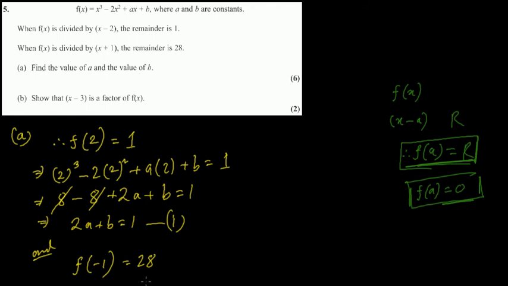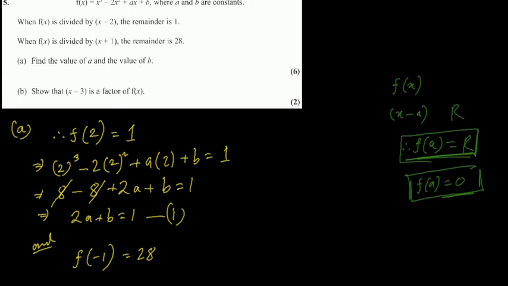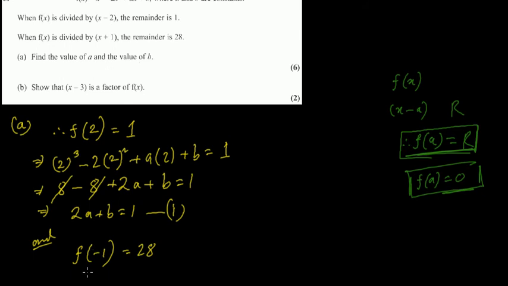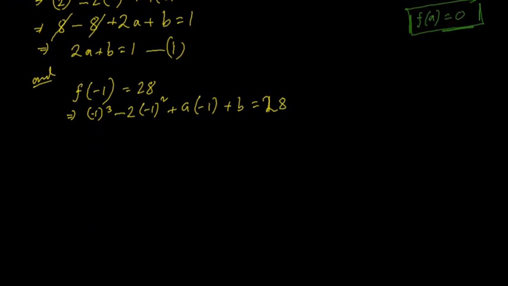It would be minus 1 cubed minus 2 times minus 1 squared plus a times minus 1 plus b, equals, no, the remainder is 28, equals 28. So minus 1 cubed is minus 1, minus 1 squared is 1, so 2 times 1 is minus 2, minus a plus b equals 28.